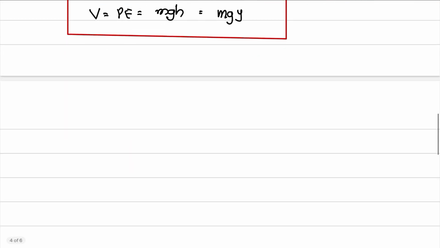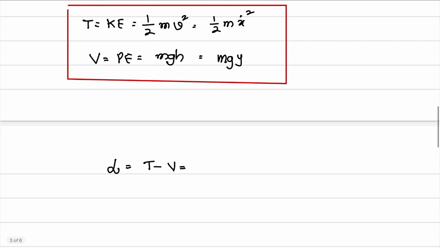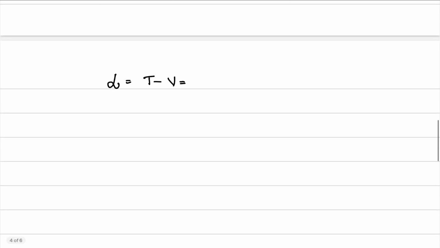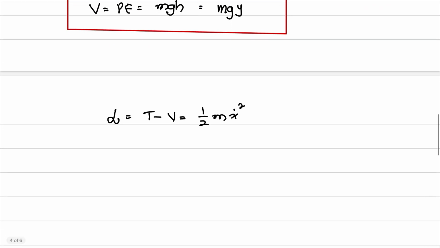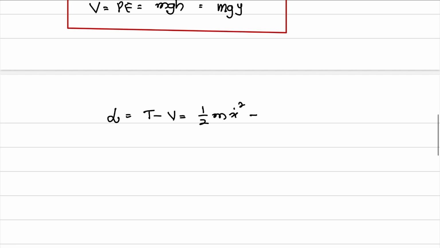Now, from the definition of Lagrangian, what is Lagrangian? Lagrangian is equal to kinetic energy minus potential energy. What is kinetic energy? Half m x dot square. What is potential energy? Minus m g y. Can we replace the values of x, x dot, x double dot, y, y dot, y double dot?